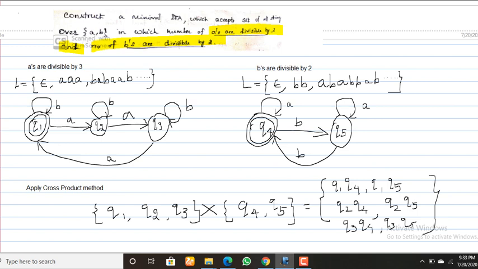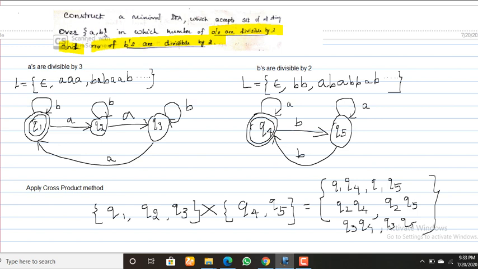Okay, so how can you identify this problem? This problem also has 2 cases. The first one, a's are divisible by 3, and the second one, b's are divisible by 2. So you are going to draw a separate automata for these 2 cases. Let us take the first case, a's are divisible by 3.